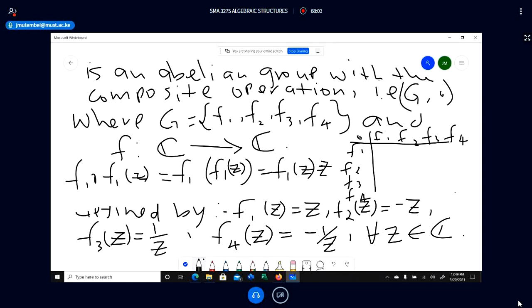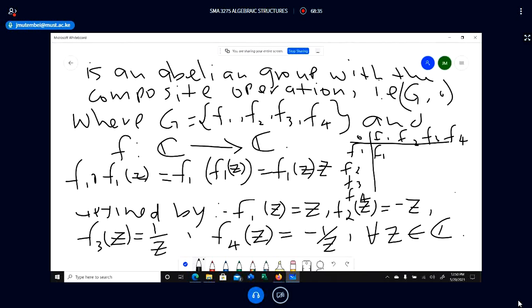So here, you will write it in terms of the Fi's. So F1 gives us Z, and Z is F1, so we will have F1 there. From the definition, it's important to write down how the various F's are defined.